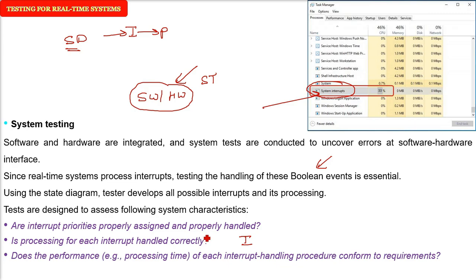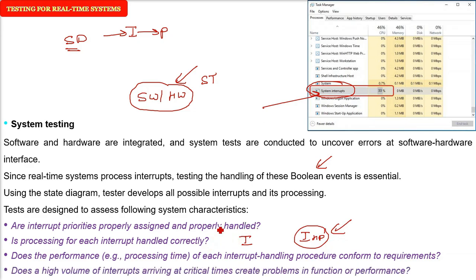Does the processing time of each interrupt handling procedure conform to the requirements? Is it happening in time or is it exceeding it? Does a high volume of interrupts, because multiple interrupts can come, arriving at very critical times, cause the system to malfunction or create a performance issue?